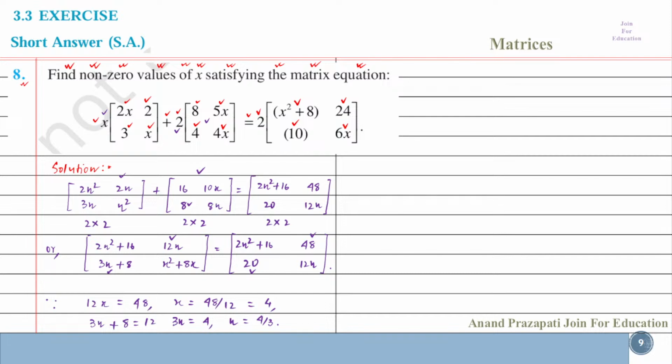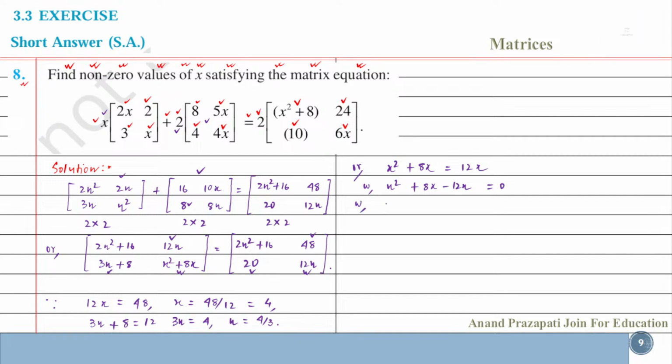When we compare x square plus 8x by 12x, then we get x square plus 8x equal to 12x. Therefore x square plus 8x minus 12x equal to 0.